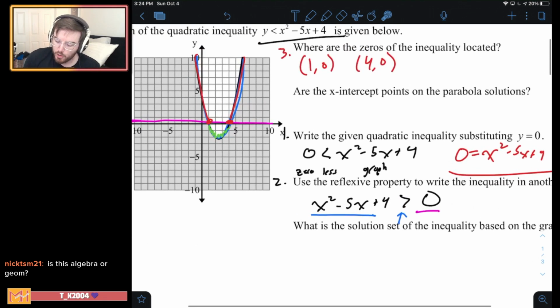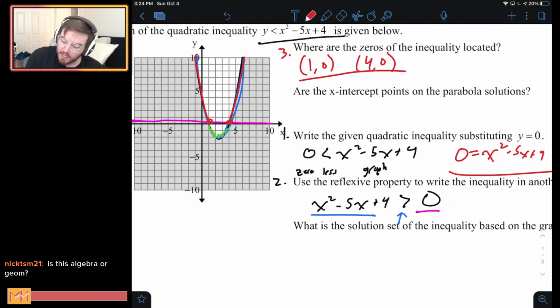The graph is greater than 0 up here. So when we plug these guys in, it's equal to 0, not greater. So are these solutions? No. That's equal to 0. We want greater than 0.